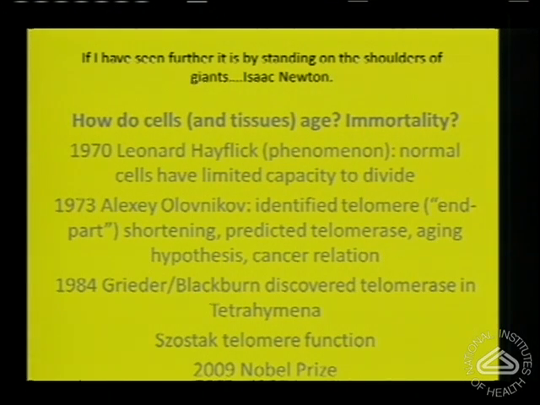And then I find one of the most interesting things, and I'm sure Neal is going to tell us much more of interest on this: in the early 70s, a Russian, Olovnikov, initially working in Vladivostok, knew that DNA polymerase can only act on a single strand. So how can a cell divide? How do you get the chromosomes to multiply?